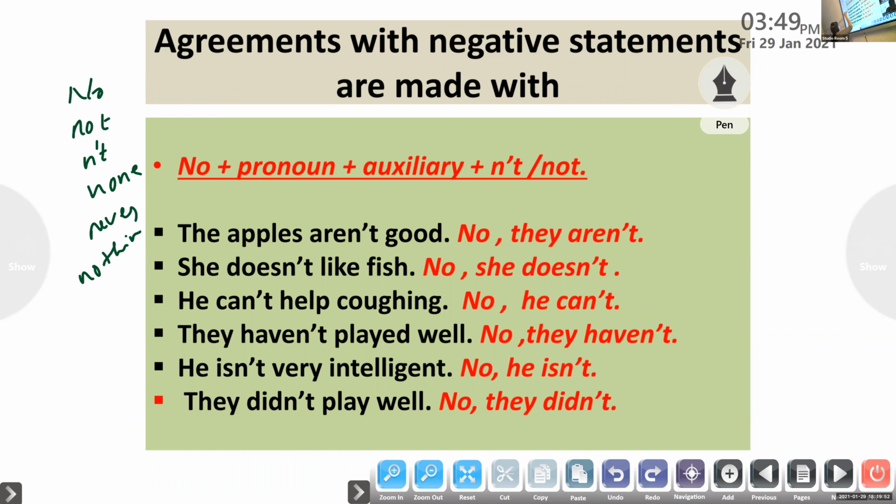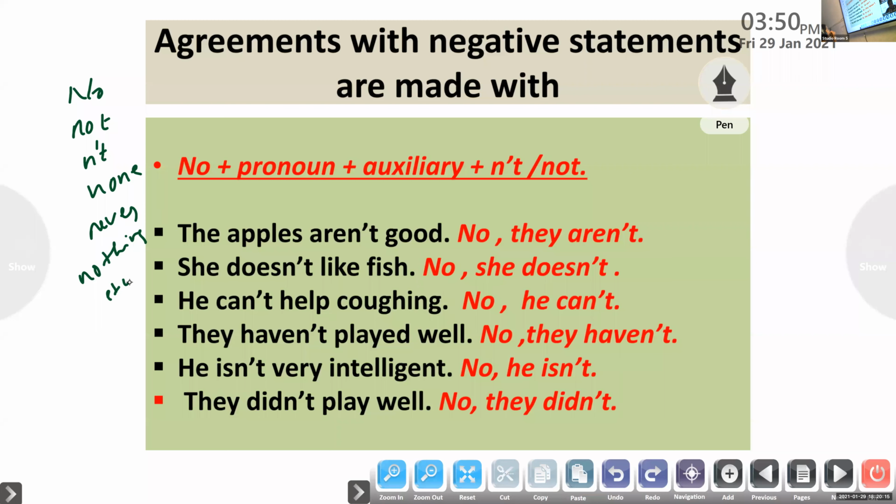These are a few examples. Yes, children, anything to say? These are the words which change an affirmative sentence into a negative sentence, right? If you see any one of these in a sentence, such sentences are examples of a negative sentence.